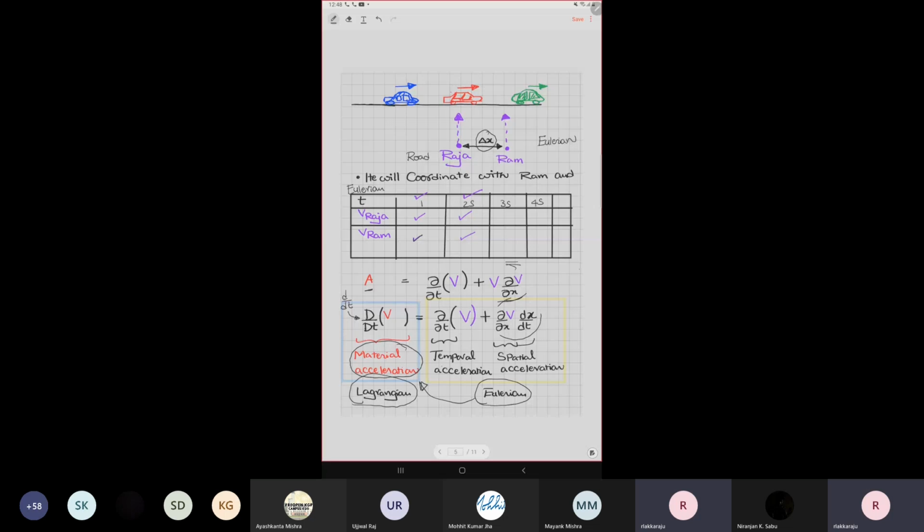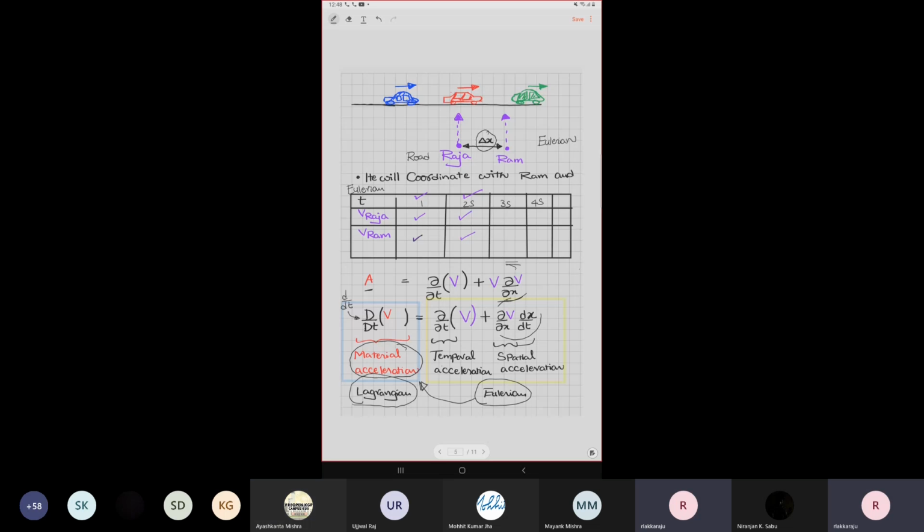You identify, you tag one particular material, and that acceleration you are going to somehow estimate from the field description. That kind of thing we call material acceleration or Lagrangian acceleration or total acceleration of the system. Anything where you stand at one location and try to measure, you call that Eulerian velocities, Eulerian fields.